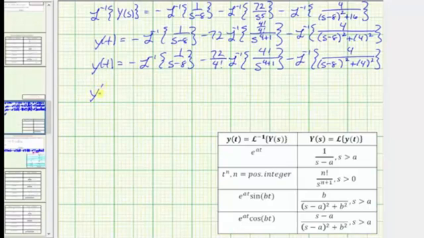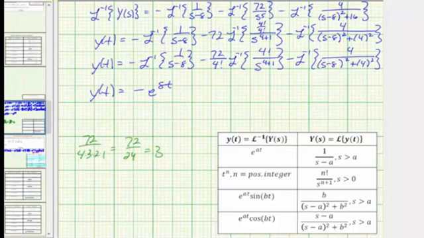So we have y of t equals, here we'll have the opposite of this inverse Laplace transform where a equals 8 is going to be e raised to the power of 8t. So we have the opposite of e raised to the power of 8t. Let's go ahead and simplify 72 divided by 4 factorial. That'd be 72 divided by 4 times 3 times 2 times 1, or 72 divided by 24, which equals 3.